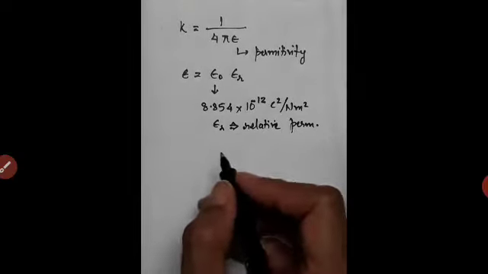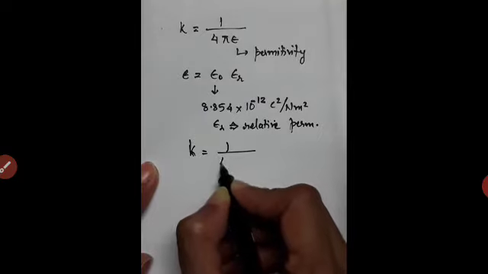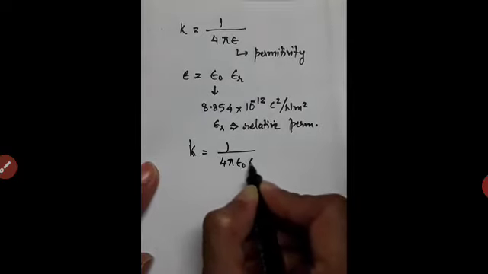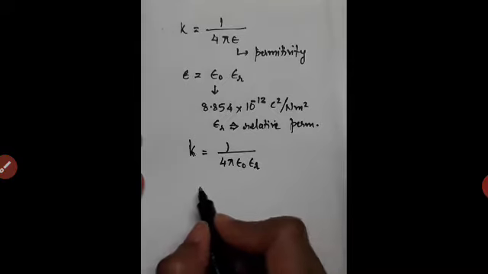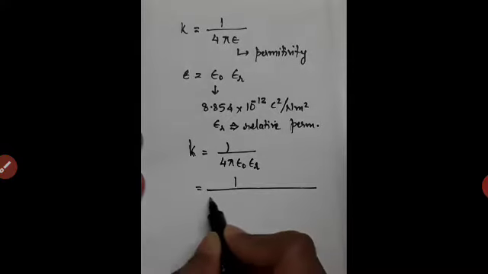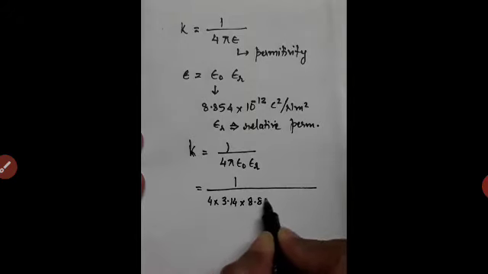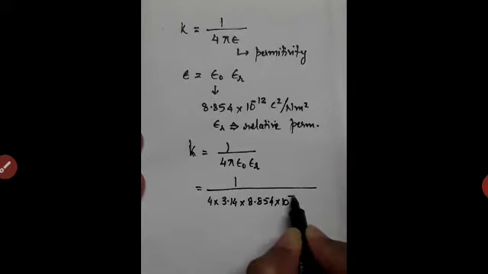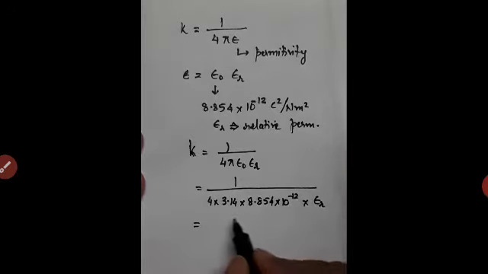Now our equation will take the form of K, small letter k, equals 1 upon 4 pi epsilon naught epsilon r. If we put all the constant values here, this will be 1 upon 4, pi is 3.14, epsilon naught is 8.854 into 10 to the power minus 12, multiplied by epsilon r. When we solve this, we get the value 9 into 10 to the power 9 upon epsilon r.